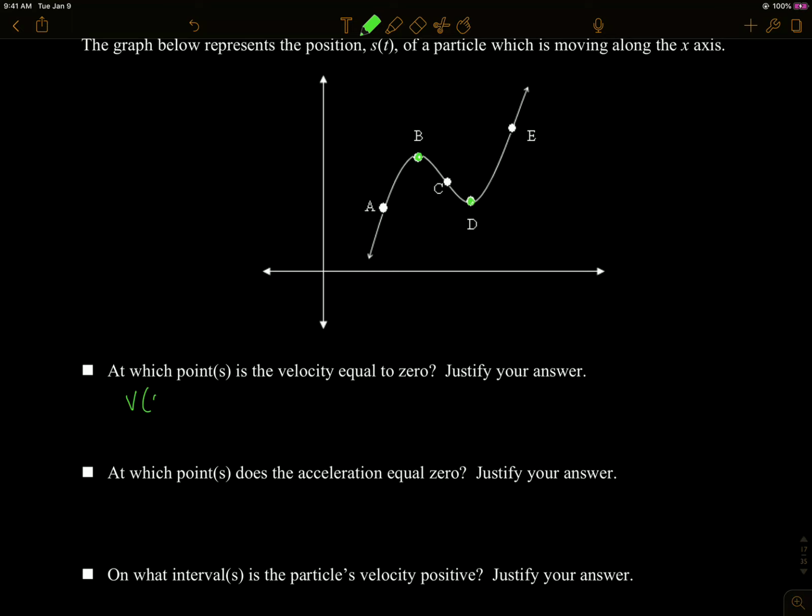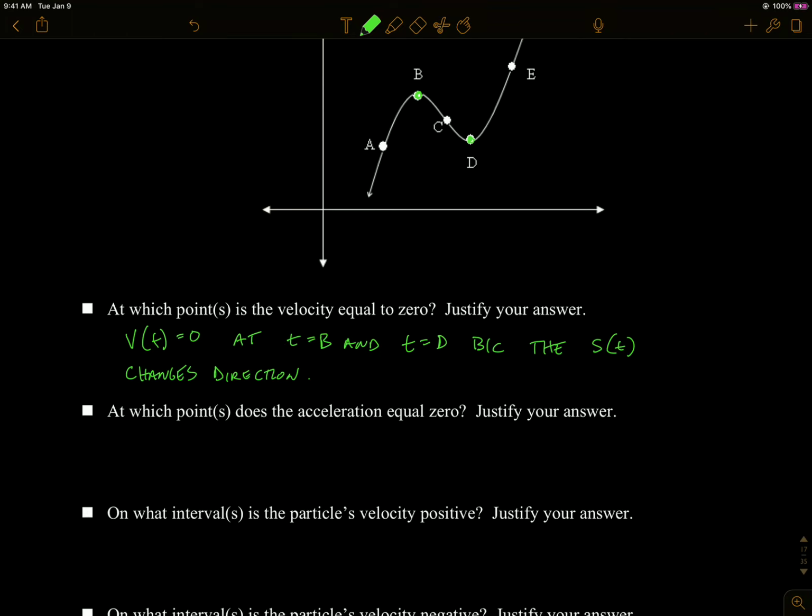So we're going to say that the velocity is equal to 0 when t equals b and t equals d, because the position function changes direction. The way that I found it also is I could say because the position function has a local maximum and a local minimum.